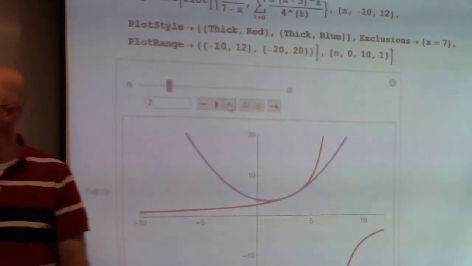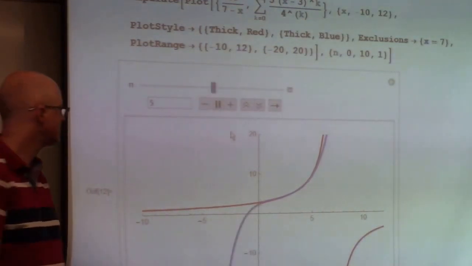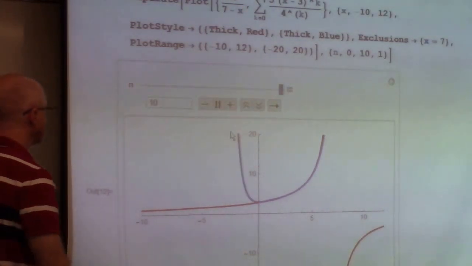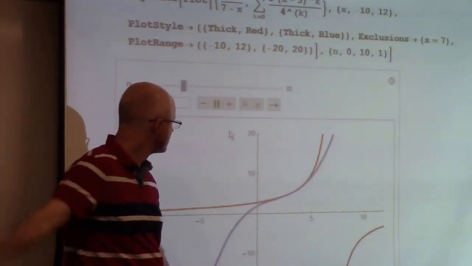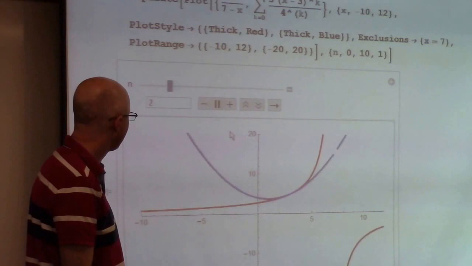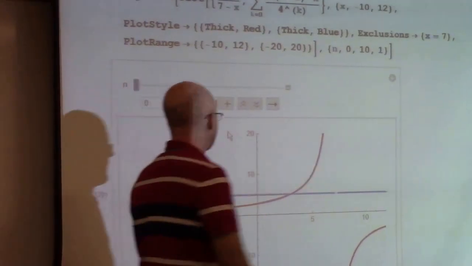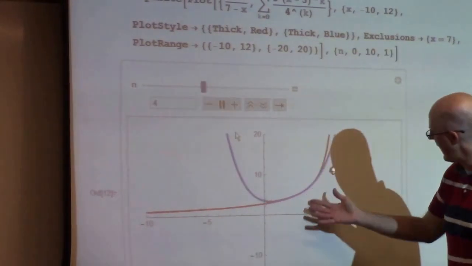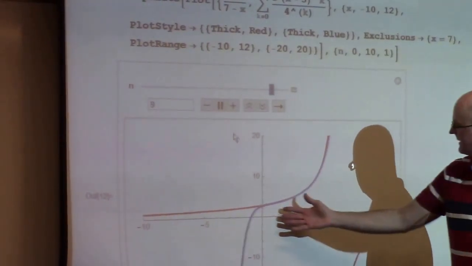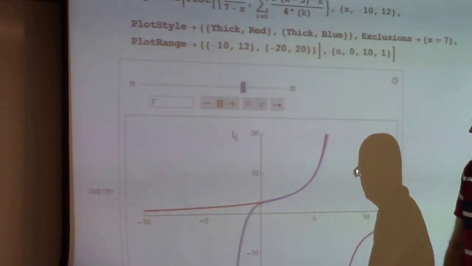Now watch as I play and keep increasing it. Watch it here. Cool, it's like a dog wagging its tail. It converges to the red graph pretty rapidly over here in the range of values, say, between 0 and 6 or so.